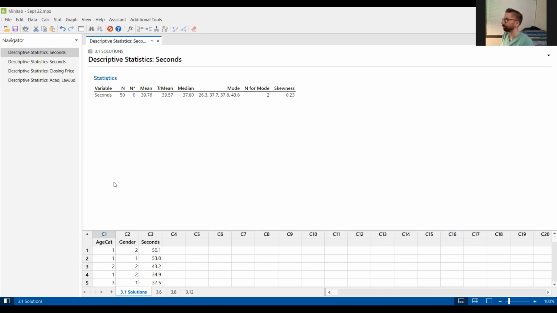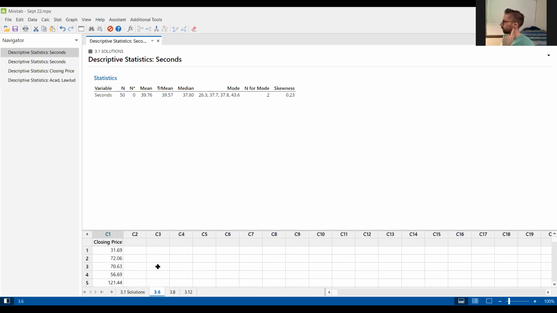All right. Now, in your book, for section 3.2, there are a couple of problems I wanted to look at. Problem 3.6 is where they did not give you a data set to enter.